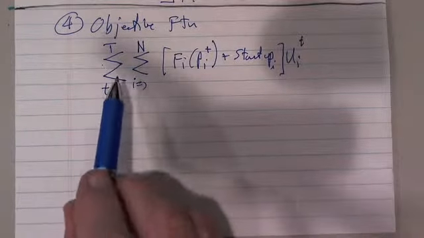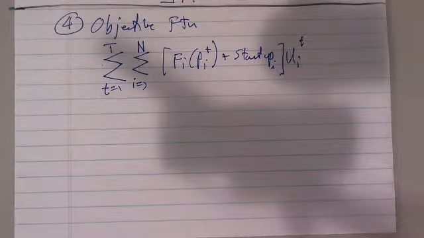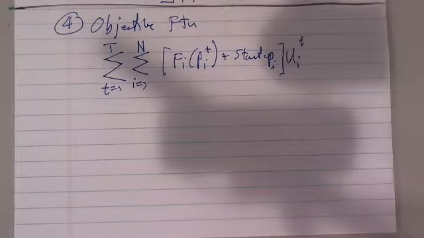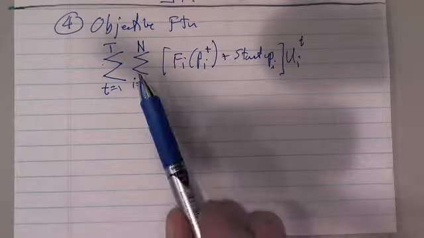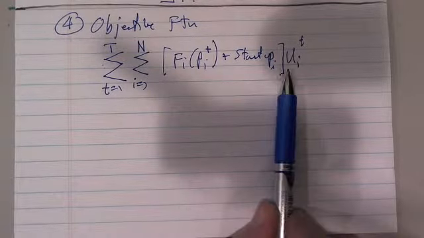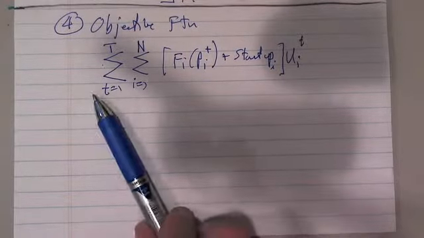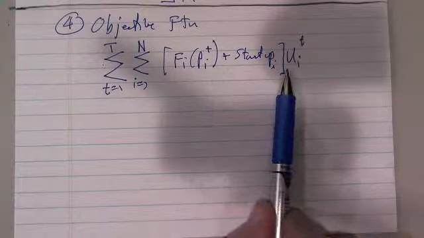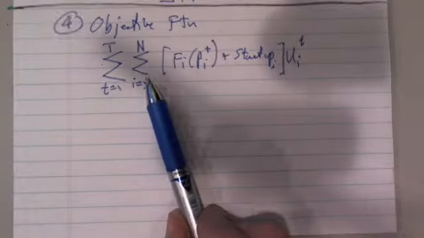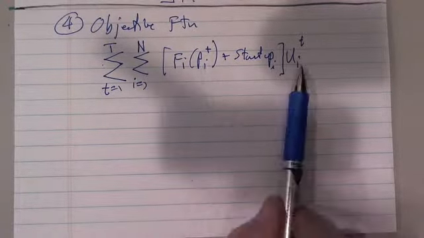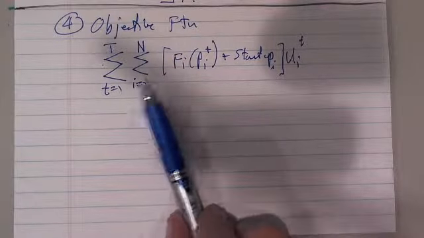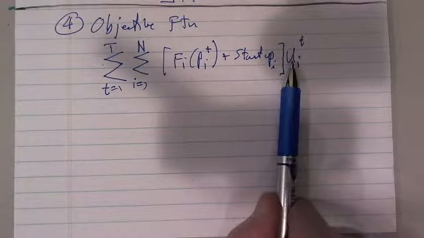Okay, so here is the double sum, and the double sum is what makes the problem so complicated. It's the sum of the total operating cost over hour 1, the sum of the total operating cost over hour 2, and so forth. And the total operating cost is the sum over all the units. So for hour 1, you sum over all the units that are on.